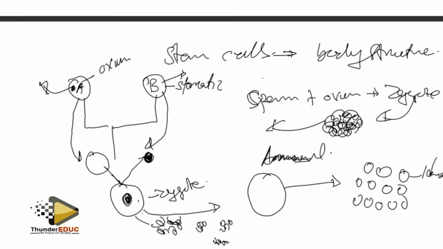Now a question: will these babies look like B or will they look like A? They will look like B. Why? Because I used the nucleus of B. I didn't use the nucleus of A. Why did I use the shell, or the casing, of A?